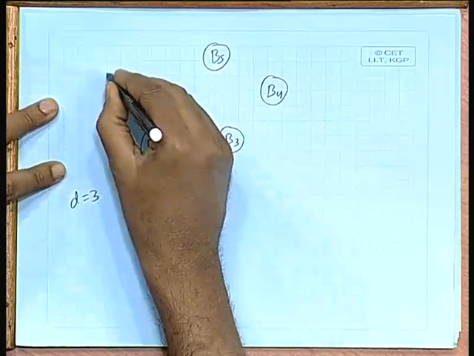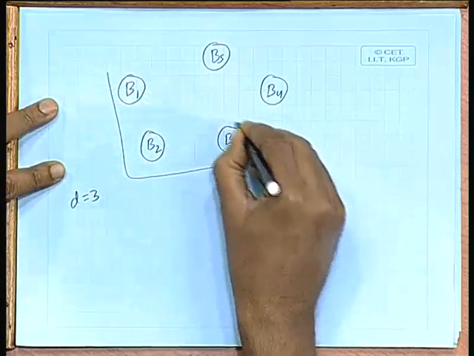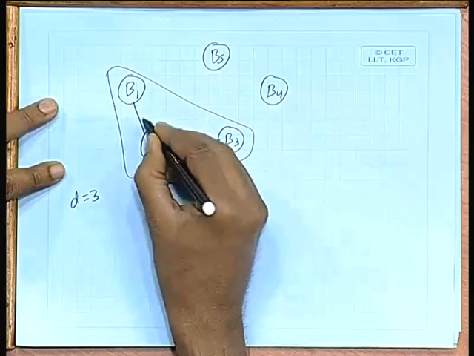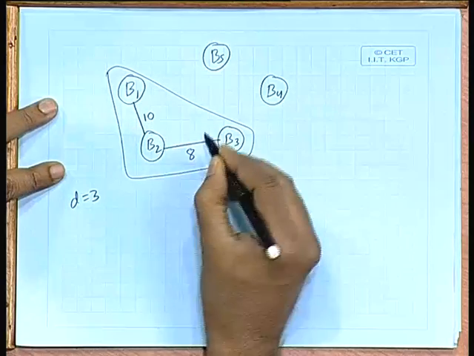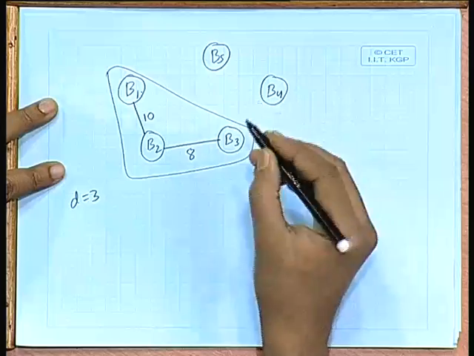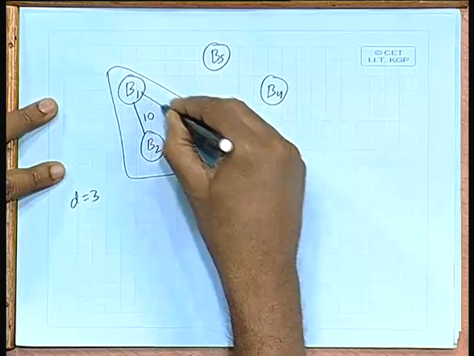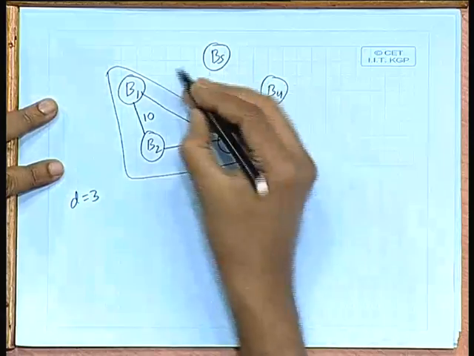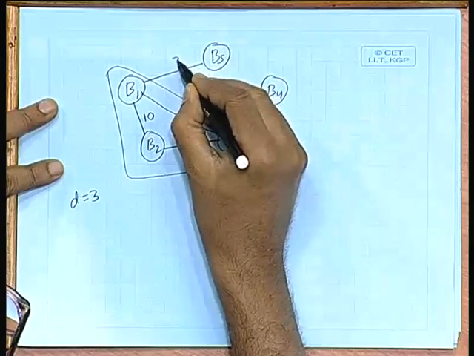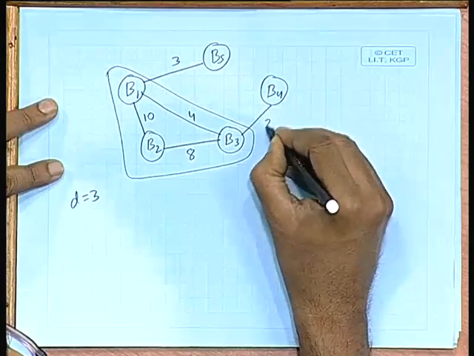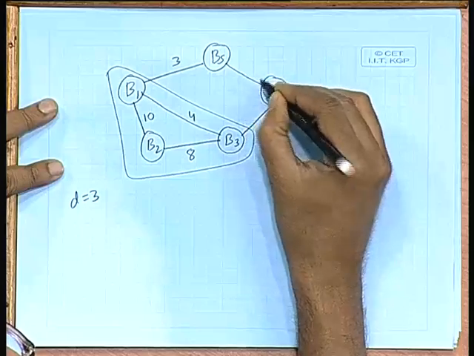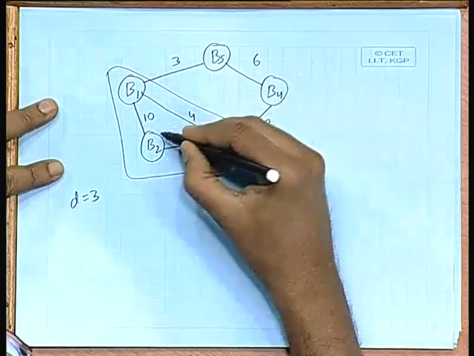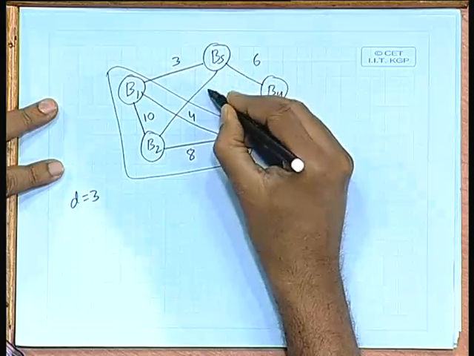You select B1, B2 and B3 in the first step because they were most strongly connected. Say this weight was 10, this weight was 8 and this weight was 4, say. Suppose the other weights were 3, 2, 6, 4.